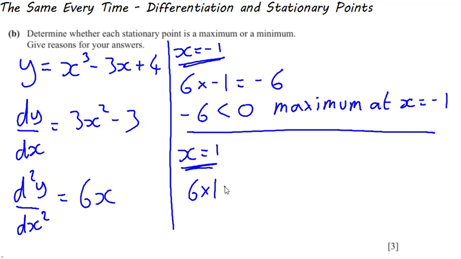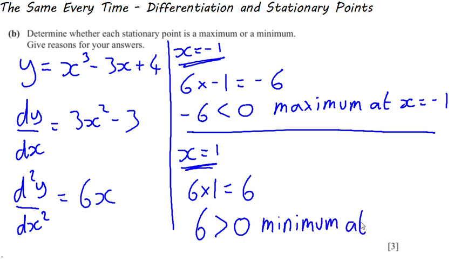Putting the x value into the second differentiation, 6 times positive 1 is 6, and as we know, that's greater than 0. So if your second differentiation is greater than 0, you get a minimum. So minimum at x equals positive 1.